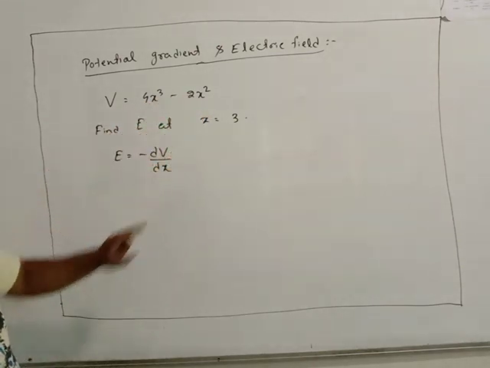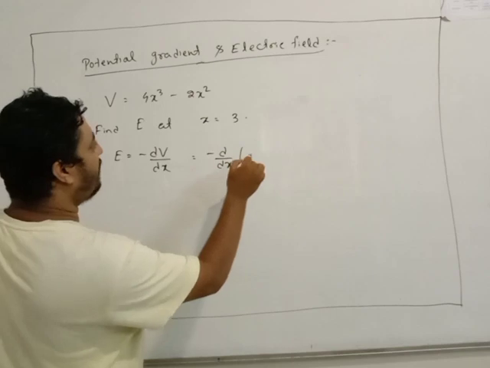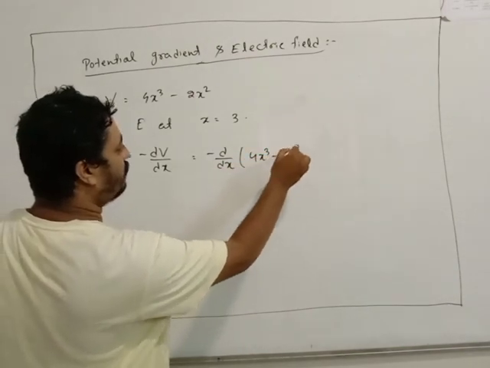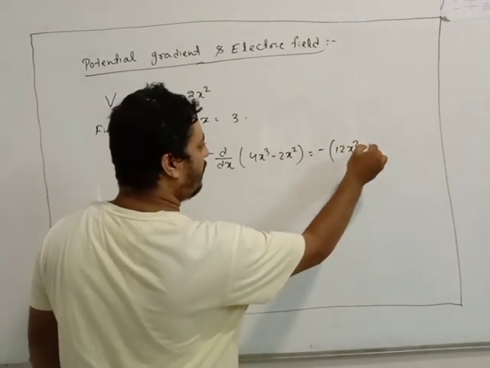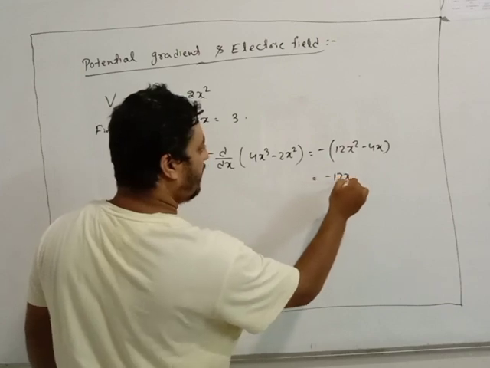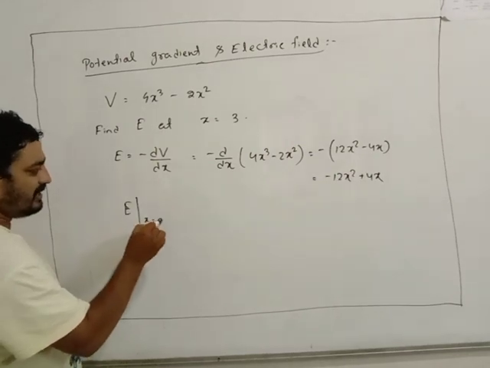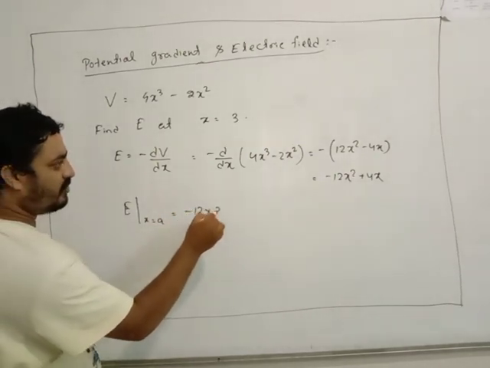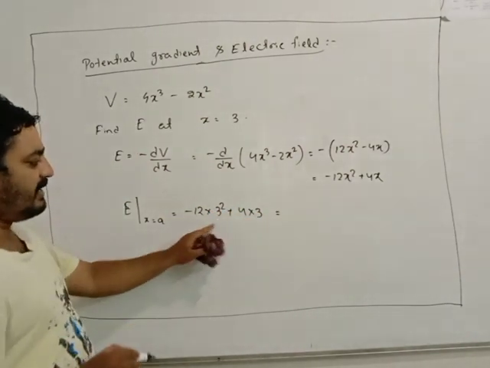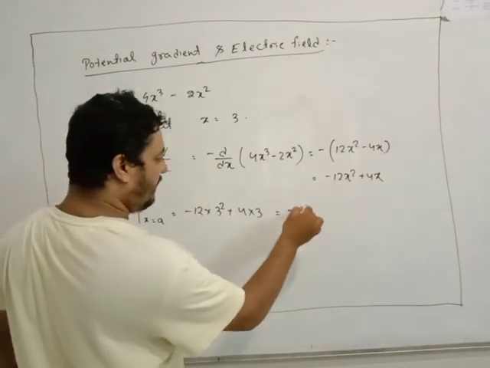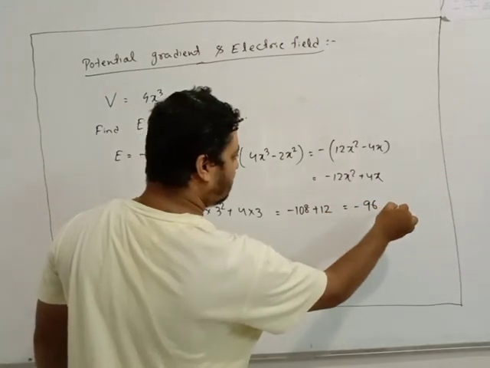So it will be minus dV by dx equal to minus d by dx of 4x cube minus 2x square, which is equal to minus of 12x square minus 4x, that is minus 12x square plus 4x. So the electric field at x equal to 3 will be minus 12 into 3 square plus 4 into 3, which is equal to minus 108 plus 12, that is equal to minus 96 units.